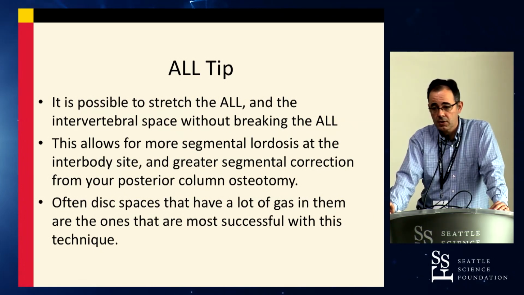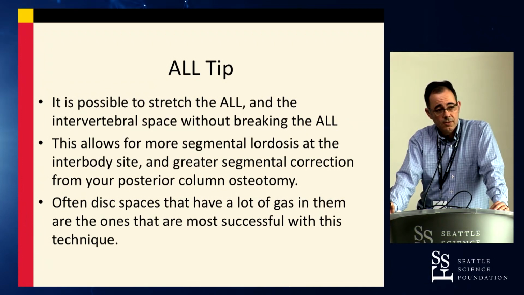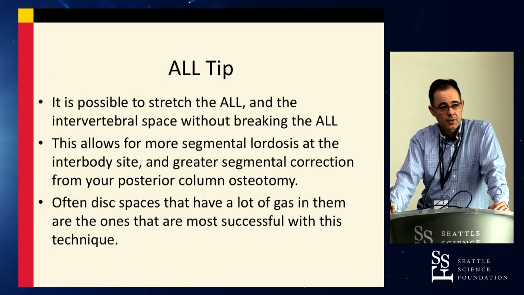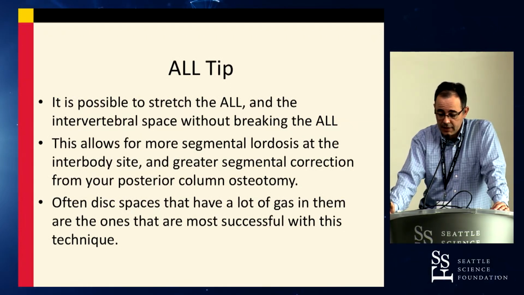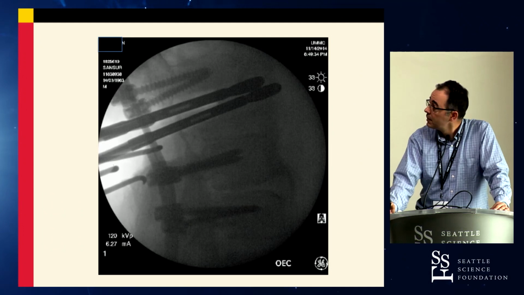There are many different ways to do it. I find that the disc spaces that have gas in them, similar to the lateral surgeons, you can very often expand that ALL and put in a nice anterior cage and obtain a substantial amount of correction from a posterior column osteotomy.